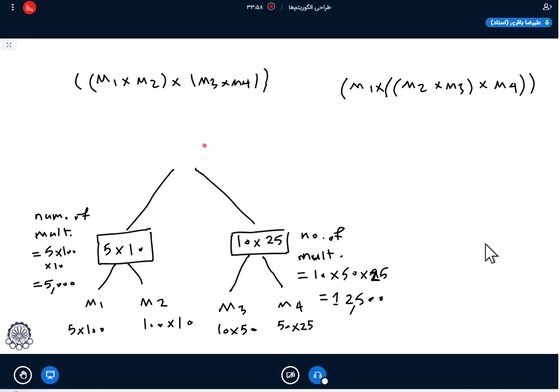The result will be a matrix with dimension 5 and 25, and the number of multiplications in this step will be, because we are going to multiply these two, 5 multiplied by 10 multiplied by 20 multiplications.